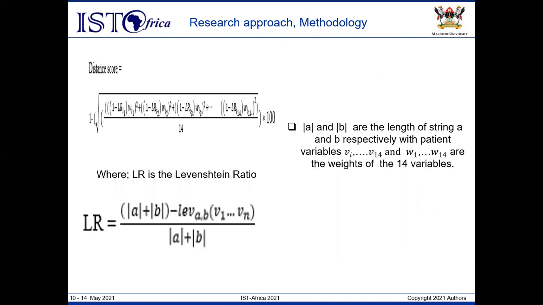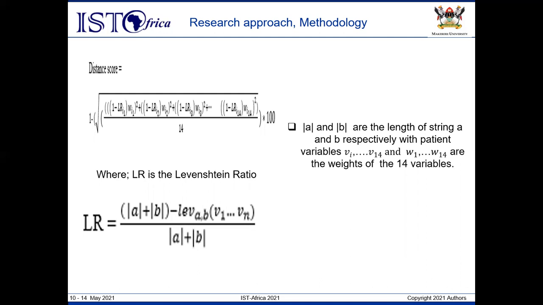And then this is the distance calculation that the algorithm uses, and the distance is 1 minus the square root of 1 minus Levenshtein ratio of I1 times the weight of I1 squared plus 1 minus the Levenshtein ratio of I2 times W2 squared until you get all the 14.